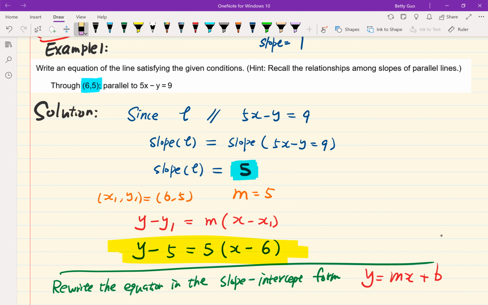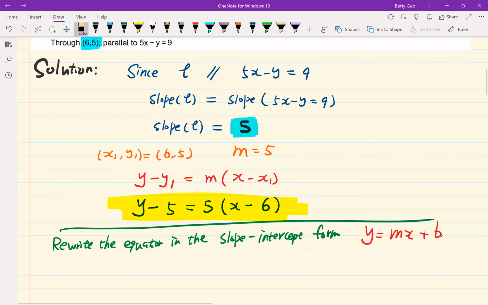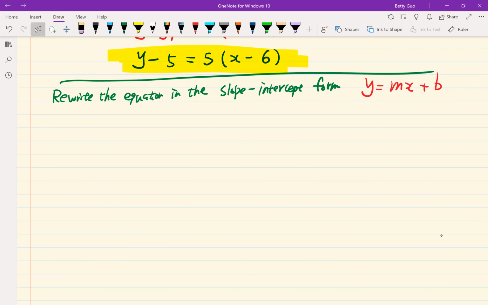The equation highlighted in yellow, y minus 5 equals 5 times parentheses x minus 6, is the equation we are looking for in point slope form. You guys need to rewrite it in the slope intercept form. In the slope intercept form, variable y is isolated on the left.